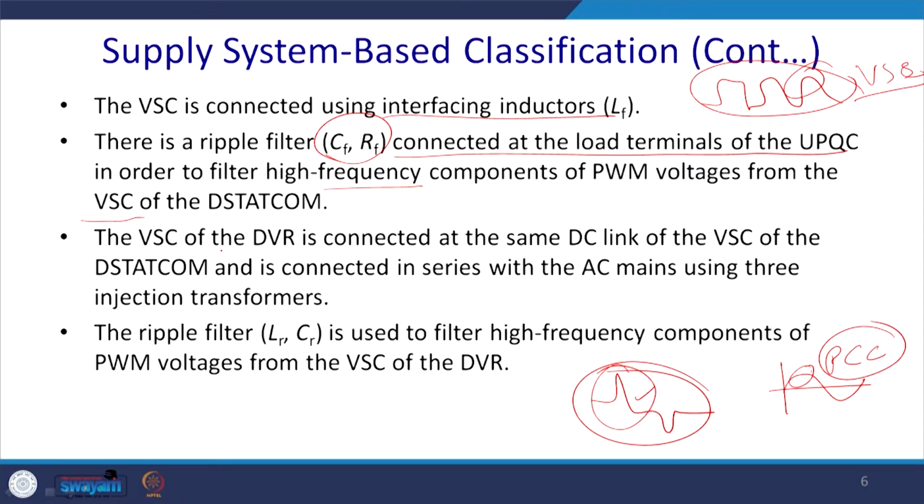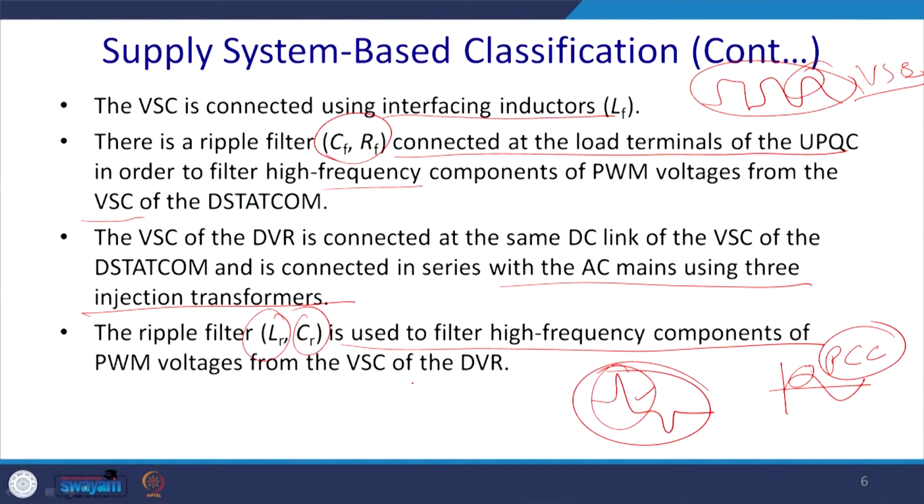The VSC of the DVR is connected at the same DC-link as the VSC of the D-STATCOM, and it is connected in series with the AC mains using the AC injection transformer. So, this is the way of operation of the D-STATCOM. And moreover, the ripple filter, LR and CR, is used because it is switching. Generally, the switch is maybe an IGBT, switching at maybe 10 kilohertz.